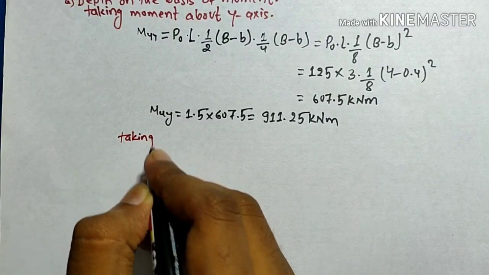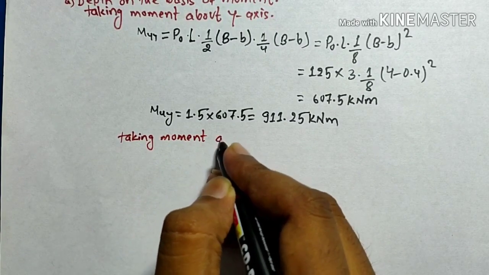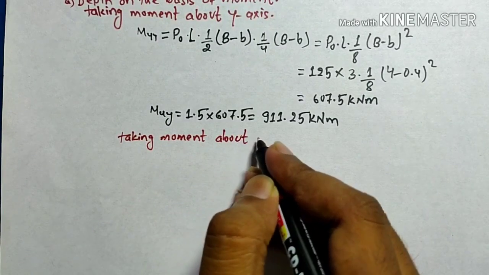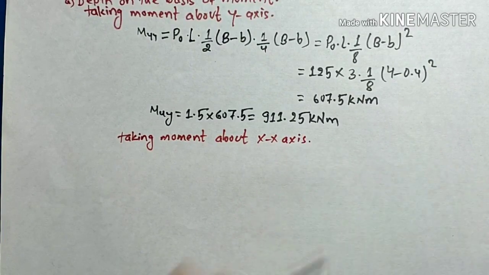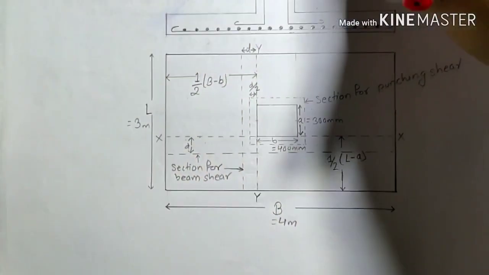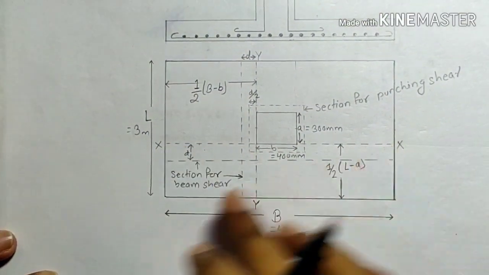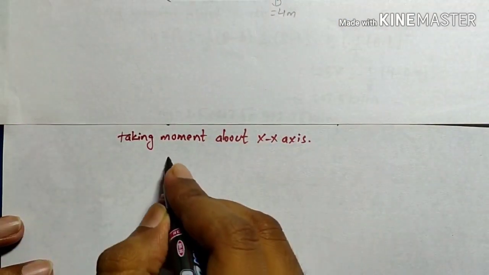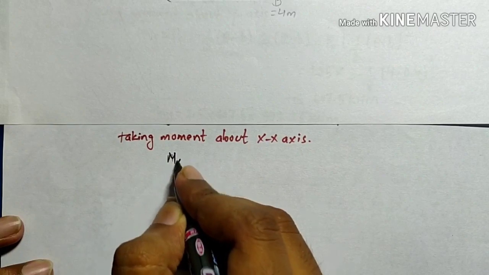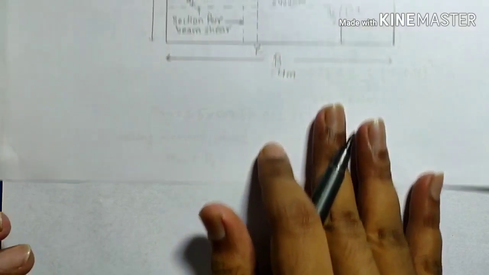Now let's find moment about x-axis. Taking moment about x-axis, we will have moment MXX equals P naught into the corresponding span.